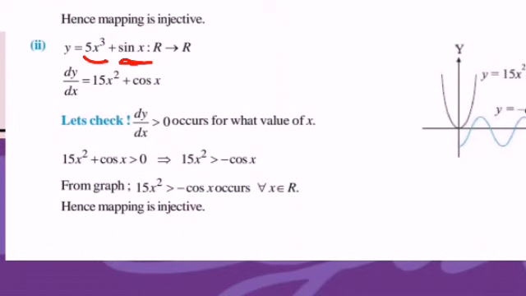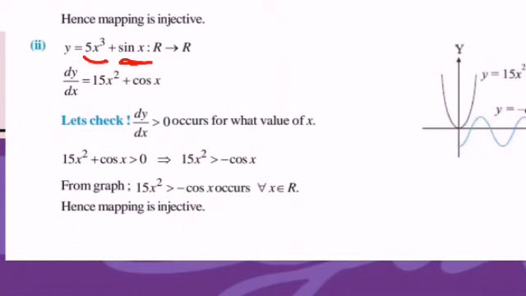Everybody knows this. Now you have to check whether it is increasing or not. 15x square is symmetric about the y axis, plus cos x. dy by dx should always be positive, because the value of x square is increasing throughout.